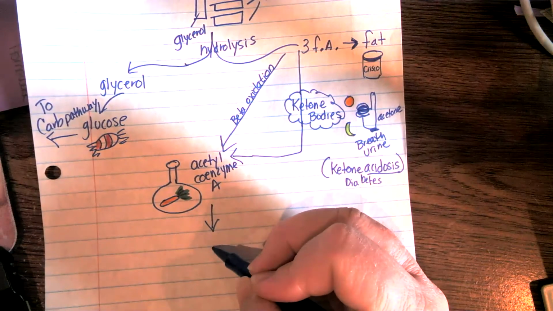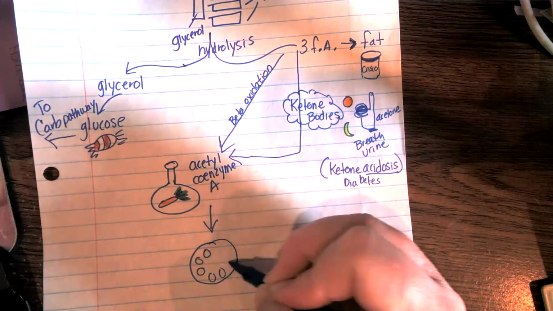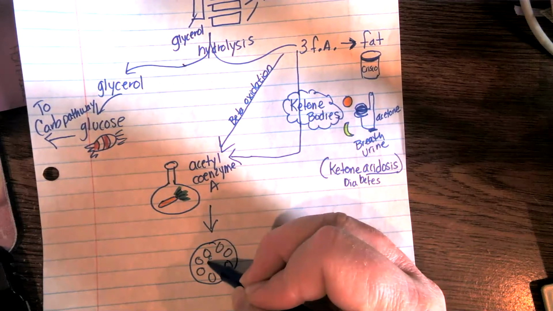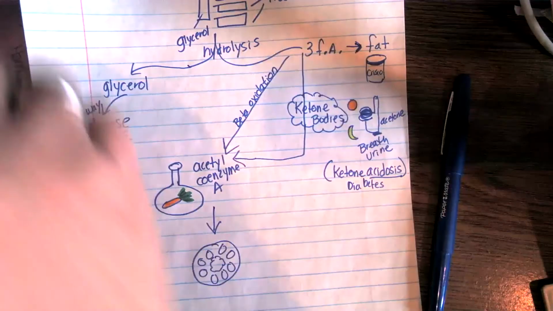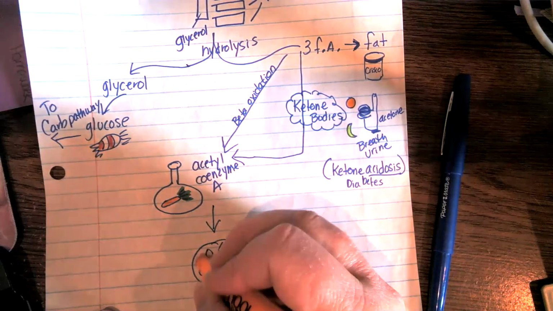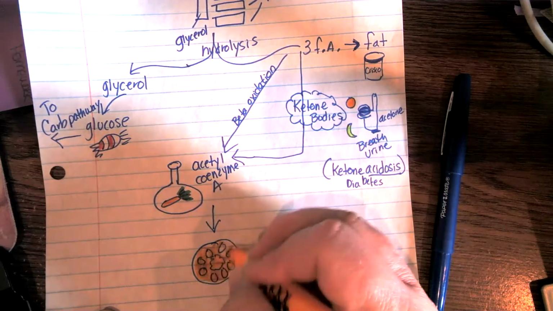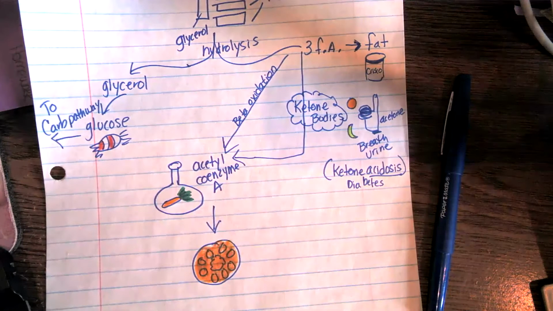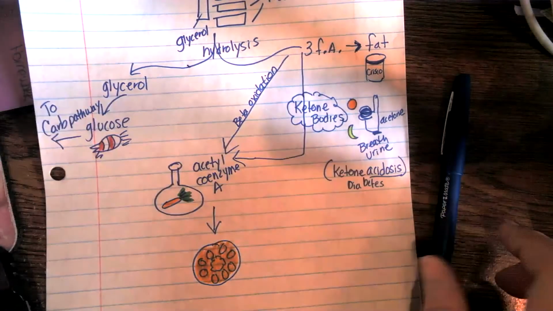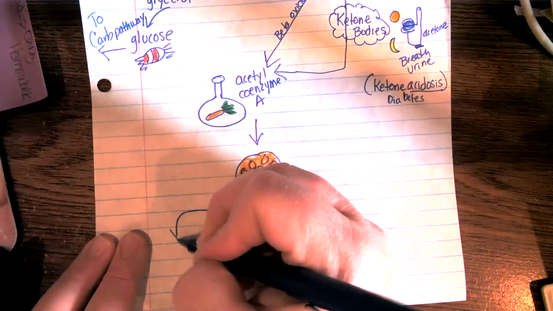All right, here we go. Citric acid cycle. Draw your orange. And as long as we're talking about the citric acid cycle, you're still going to get the same things.